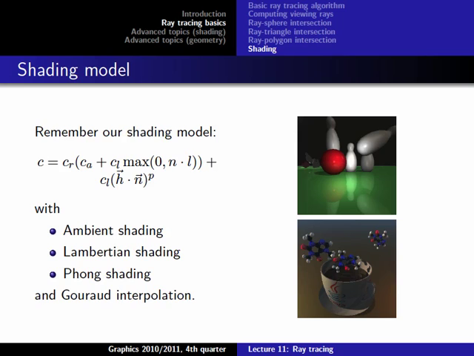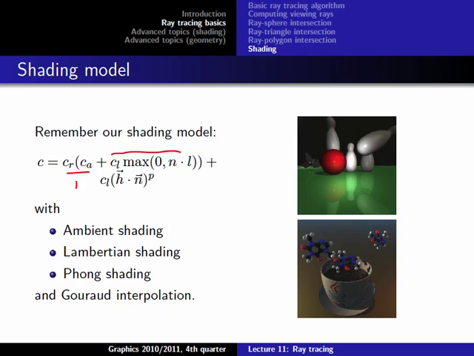So we talked about ambient shading, which is this part here, which is the global, which simulates the global illumination. We had the Lambertian shading, which creates a diffuse or matte light on the surface, which is this part here.